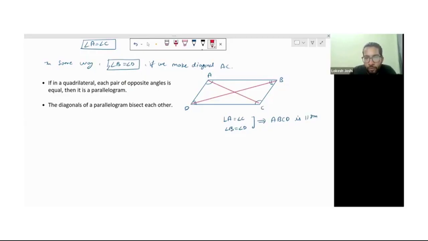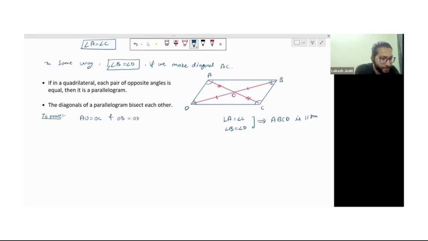We have to prove that the diagonals bisect each other, which means these two are equal. Suppose this point is O, then we have to prove AO is equal to OC and OB is equal to OD.